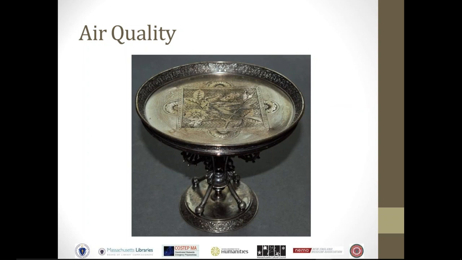The sulfur dioxide and nitrous oxides, shortened to SOxes and NOxes, are a direct cause of acid rain. And these pollutants are also brought into our institutions through our HVAC systems and react with the relative humidity in the air and come into contact with our collections that way.